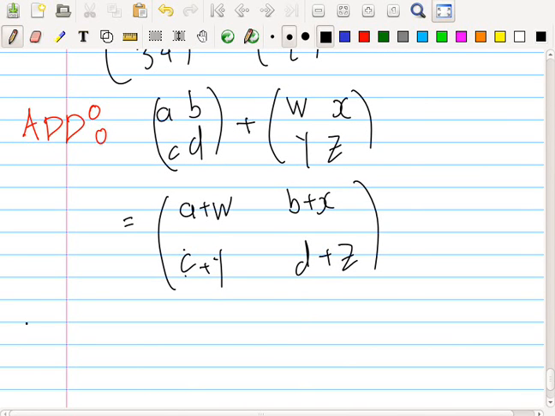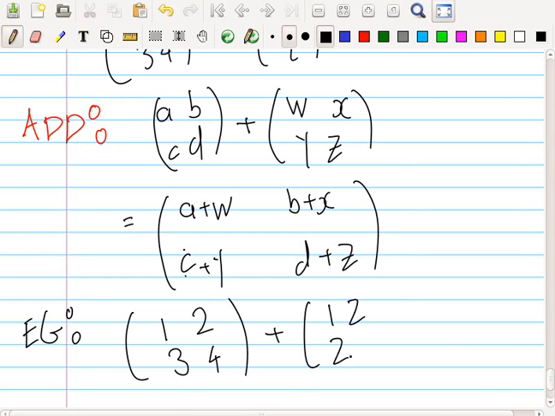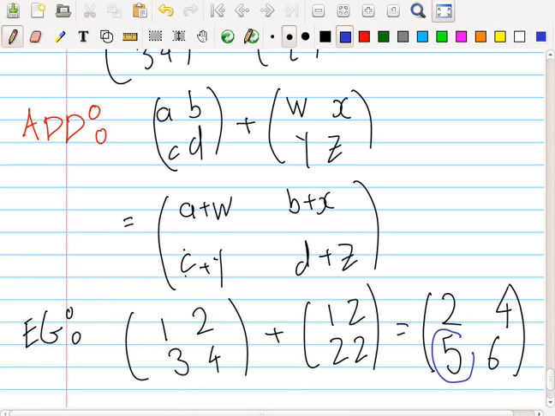So for example, 1, 2, 3, 4 plus 1, 2, 2, 2, what would that be? 1 plus 1, 2, 4, 5, 6. So for example, how did I get this 5?